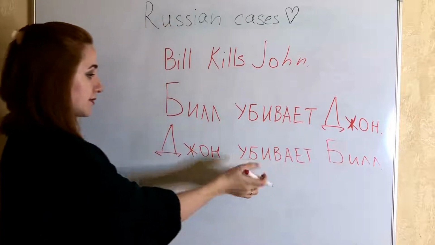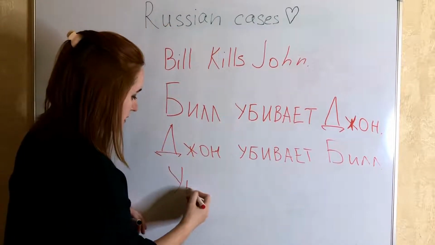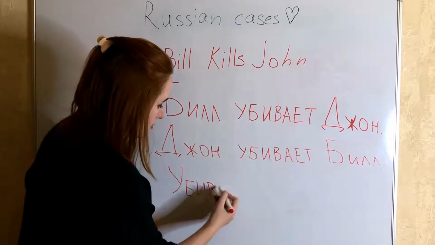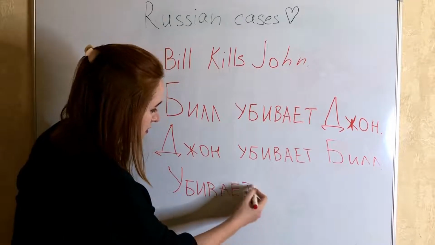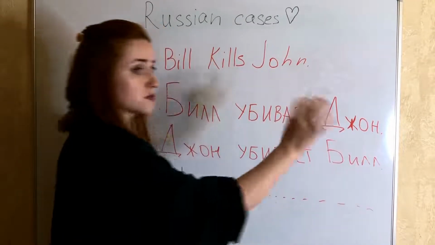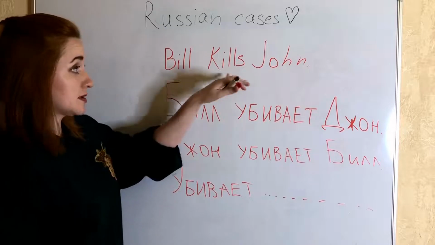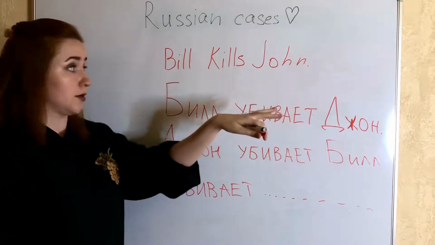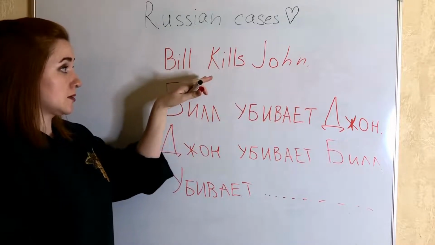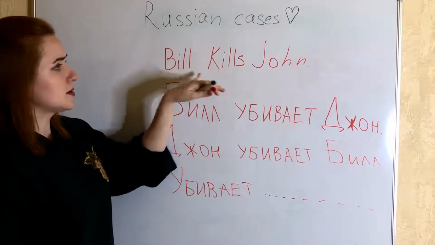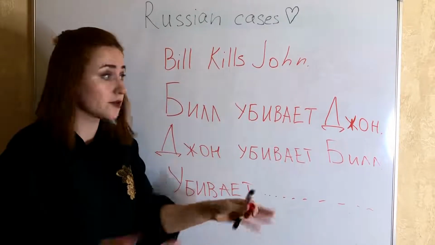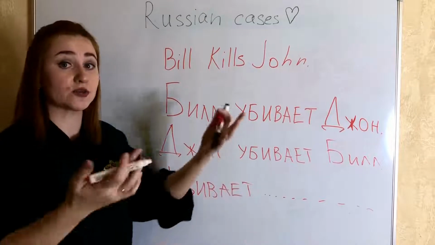Or we can put the verb in the first place and we can say убивает John, Bill, whatever. It will be just like kills Bill, John. John kills Bill. John, Bill kills. Any version, anything works in Russian.